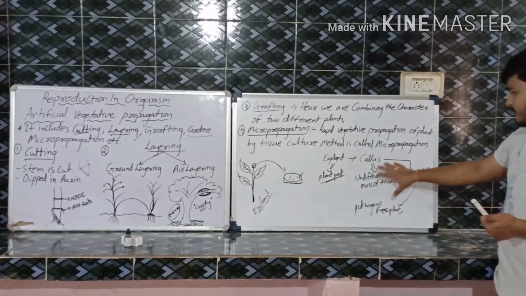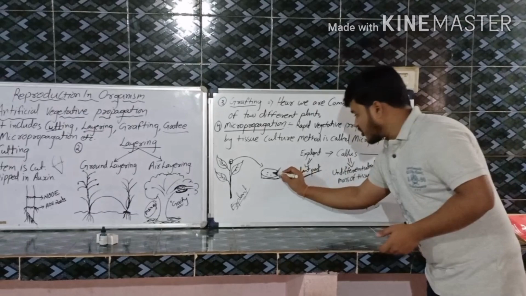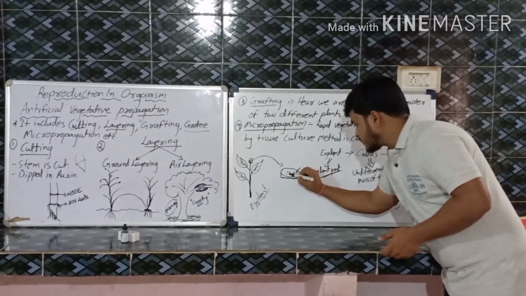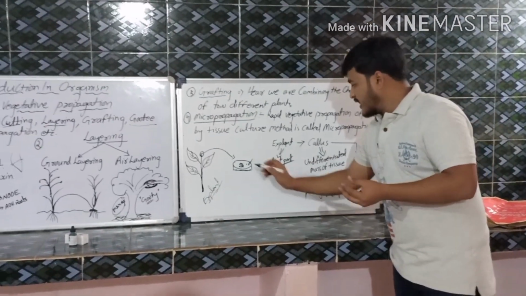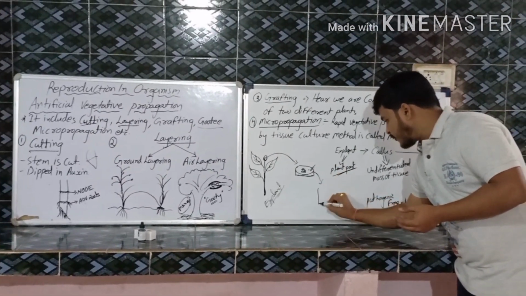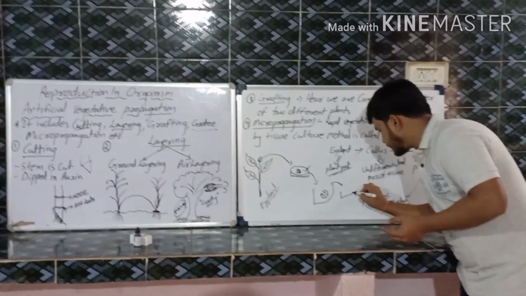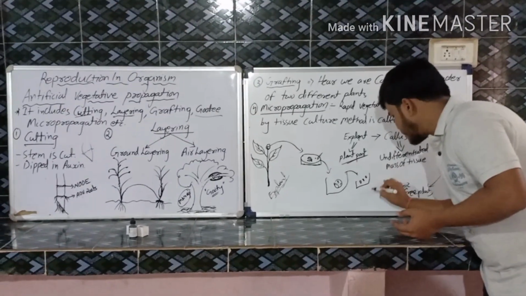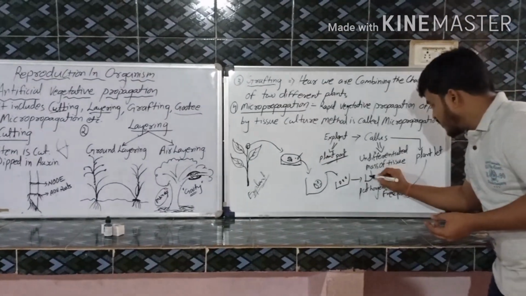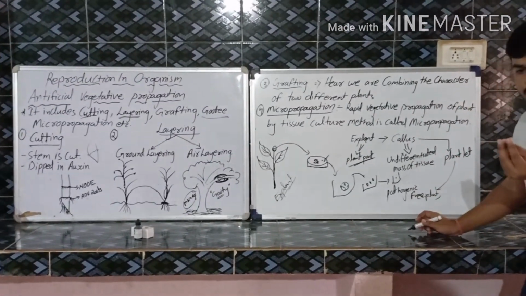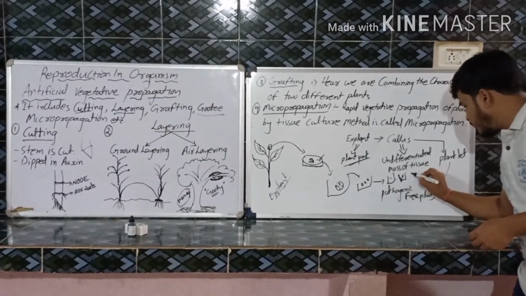Then the callus is developed into a plantlet. After growing for some days, the cells divide, and a chunk of cells forms in a single place. After removing that chunk of cells, we cut it down in a petri dish, and the small pieces are dipped in a nutrient medium, such as a growing nutrient medium in test tubes in the laboratory, and these parts are used to develop new baby plants.